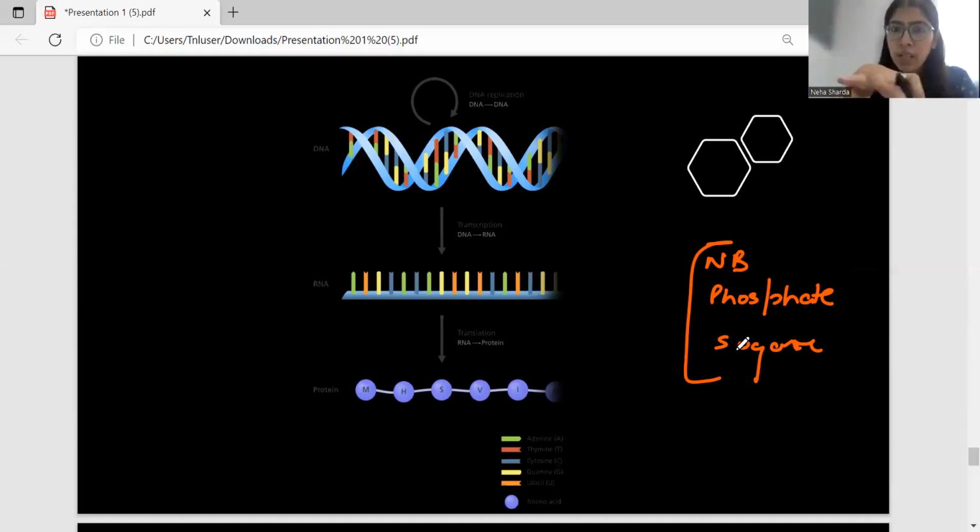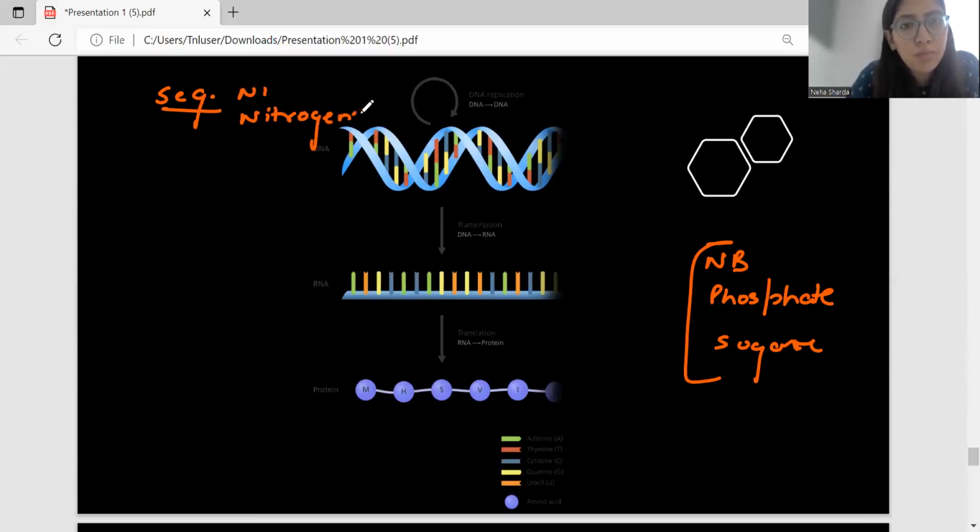The structure will be the same, but the difference between my DNA and your DNA is the sequence, the sequence of nitrogenous bases.